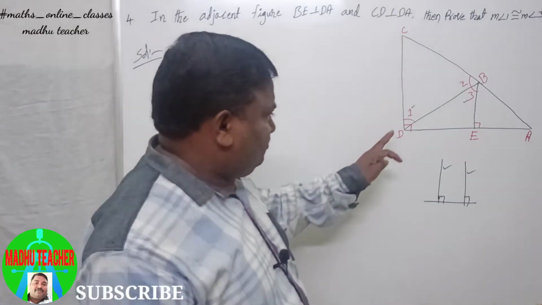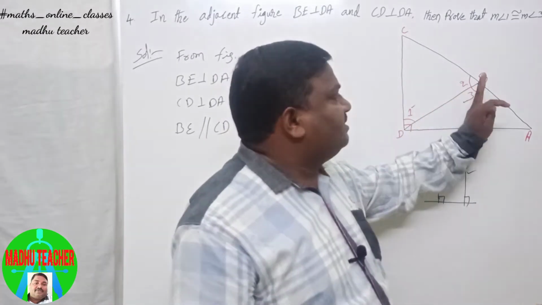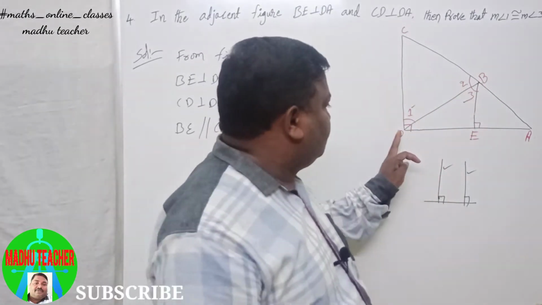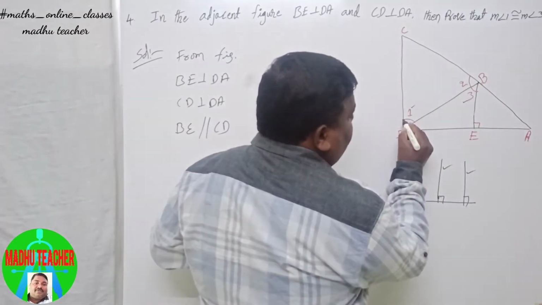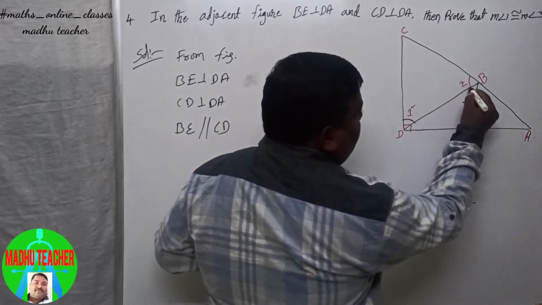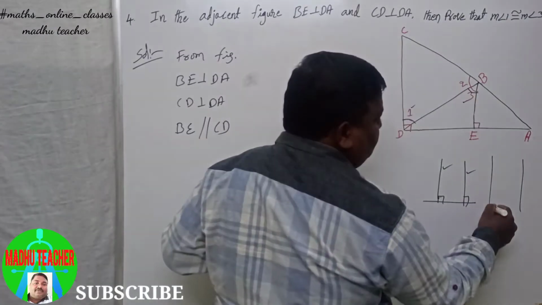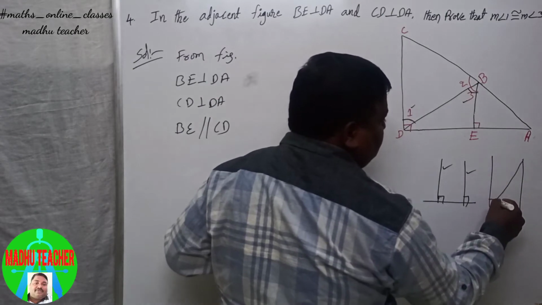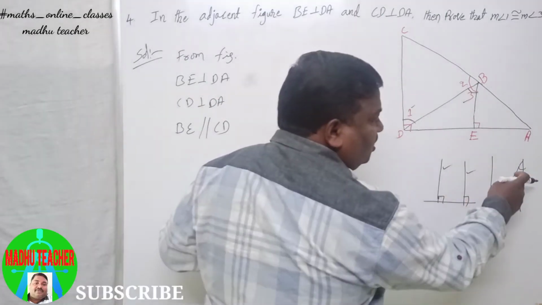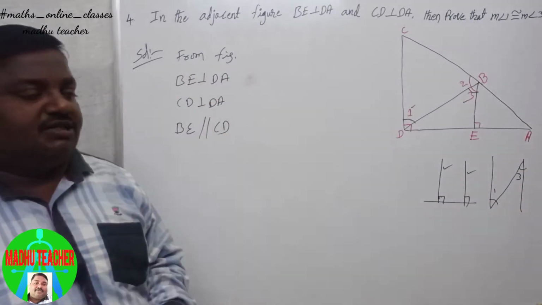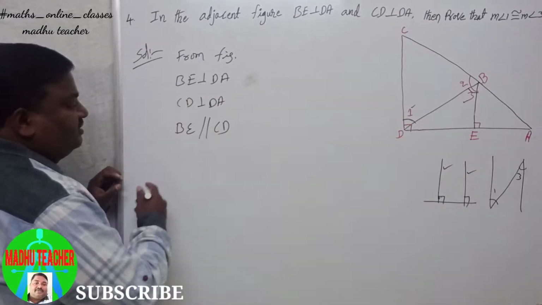These two are parallel and DB is the transversal. So observe these two angles. This is 1 and this is 3. These two are alternate interior angles. Therefore, angle 1 equals angle 3.